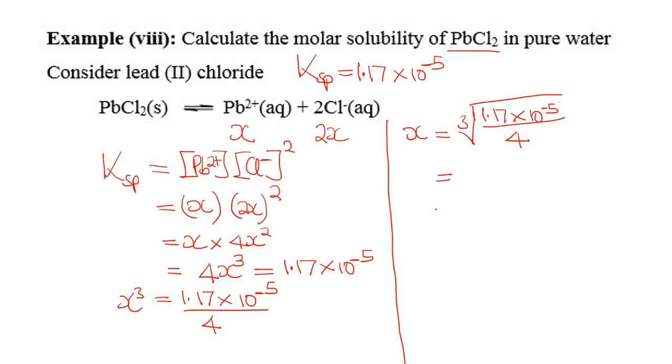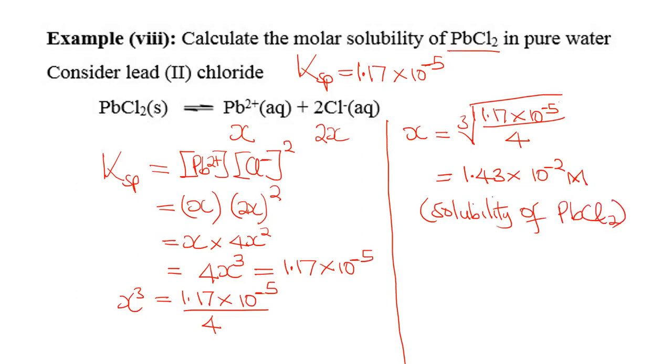So in that case, x is 1.43 times 10 to the power negative 2. So this is the solubility of lead chloride.